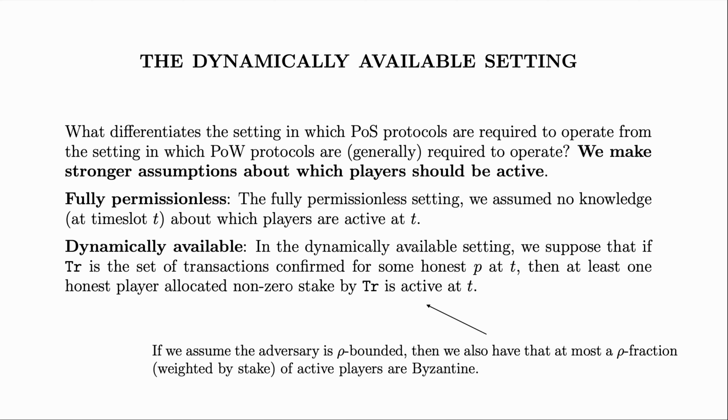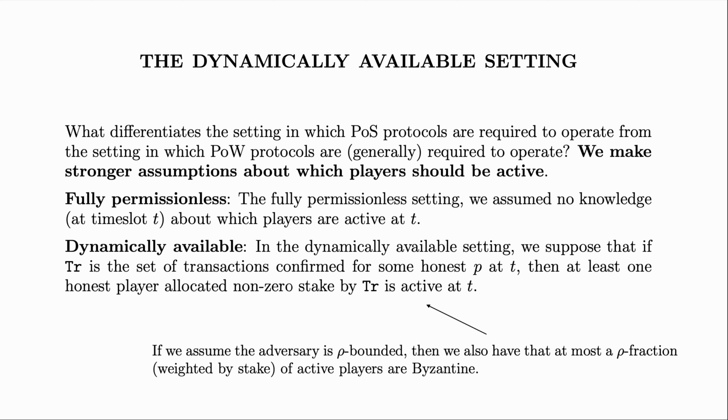In the dynamically available (DA) setting, we suppose that if TR is a set of transactions confirmed for some honest player at a given time slot T, then at least one honest player allocated non-zero state by that set of transactions is active.